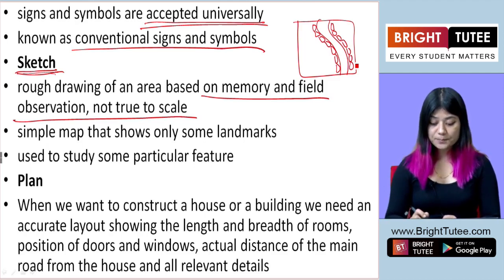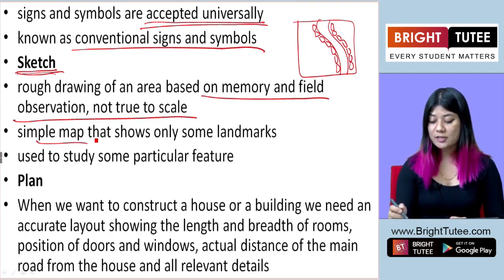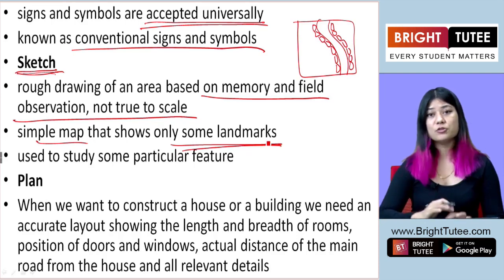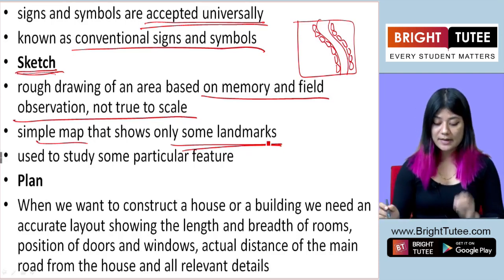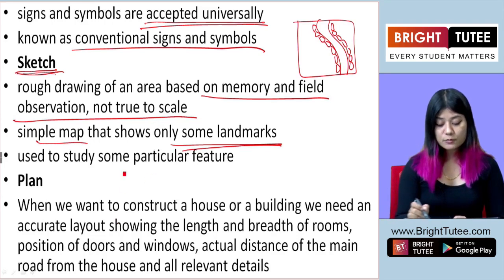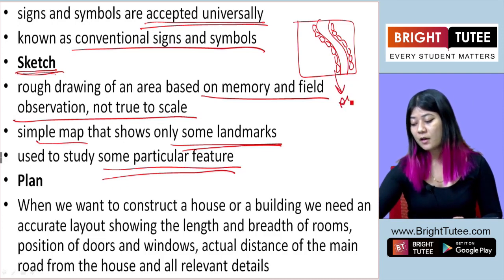This is called sketch. So these sketches are simple maps. These are simple maps and they show only some landmarks. They do not show everything. They do not represent everything of that area, but only some landmarks, and they are used to study particular feature of that area. In this example, the slum settlement.